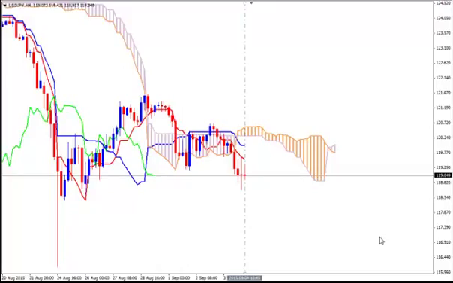Now, you add lots every time Kijun Sen is sloping downwards, and you have the distance. The distance is as much as twice your margin for the number of lots we are going to add.